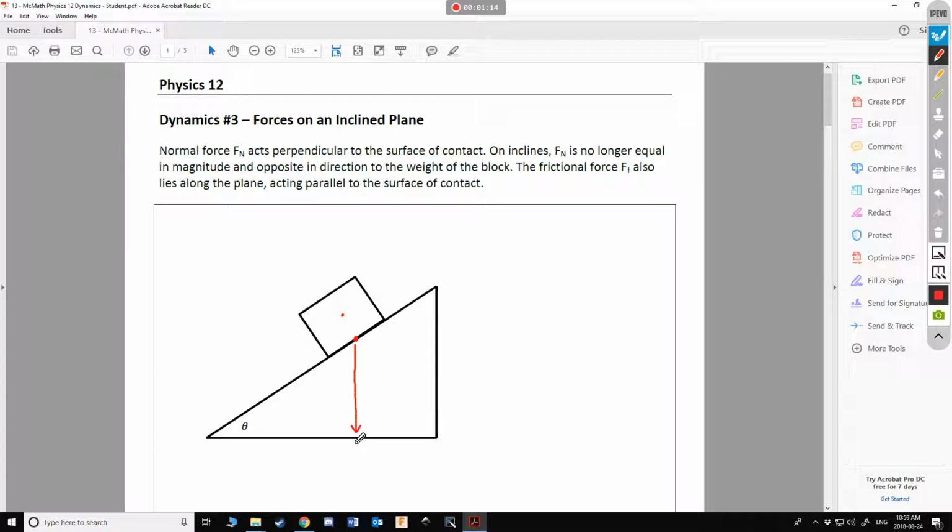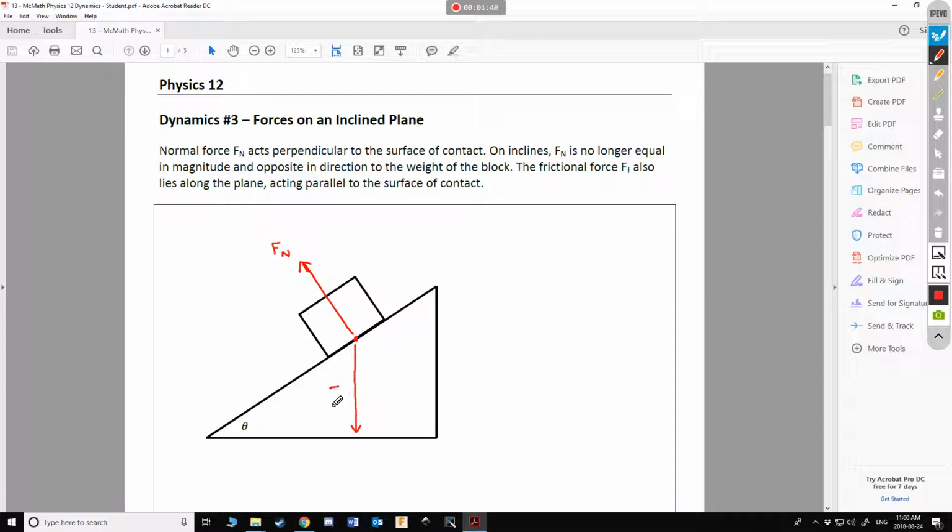Normal force is always perpendicular to the surface, so it's not straight up. Normal force is actually pointing in this direction. It's perpendicular to the surface. Okay, so that's our normal force.